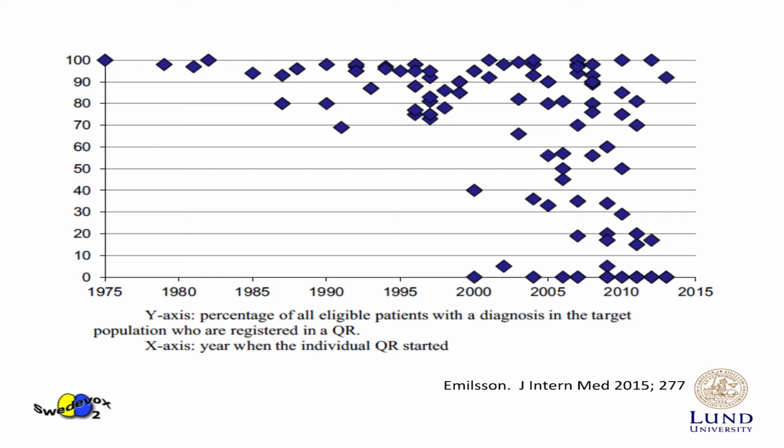So if you look at the coverage, on the y-axis here, you've got the percentage of the target population that is covered by the registry. And here on the x-axis is the starting year of the registry. You see that the bunch that started some years ago now have a high coverage.